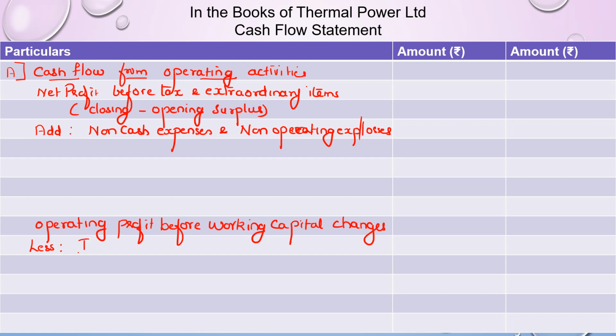Whenever there is an increase in current asset or a decrease in current liability, that would be subtracted. If there was a decrease in current asset or increase in current liability, that would have been added.